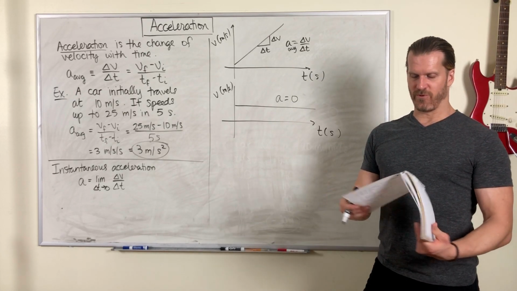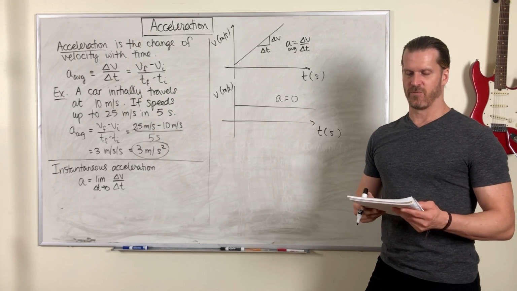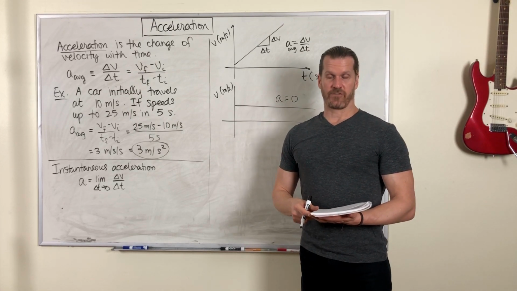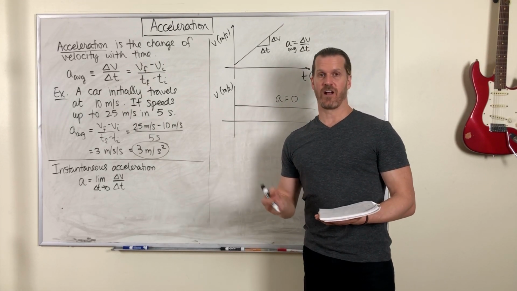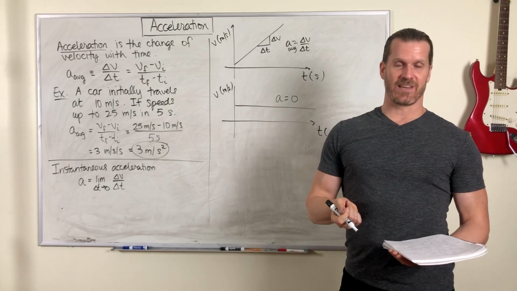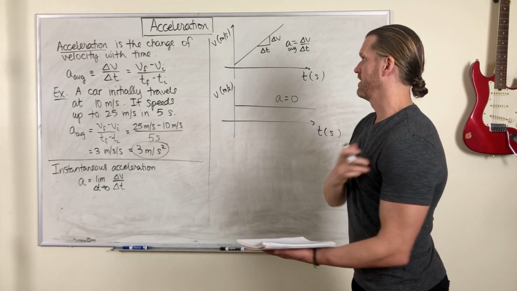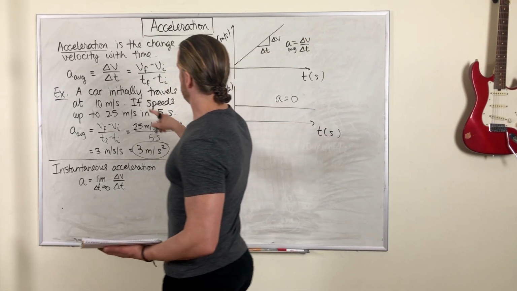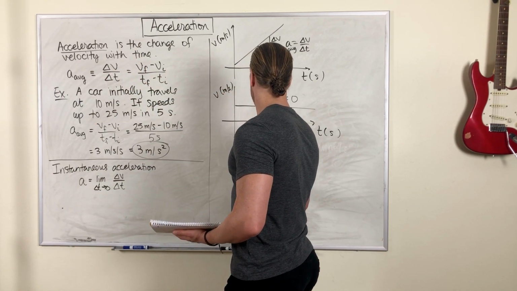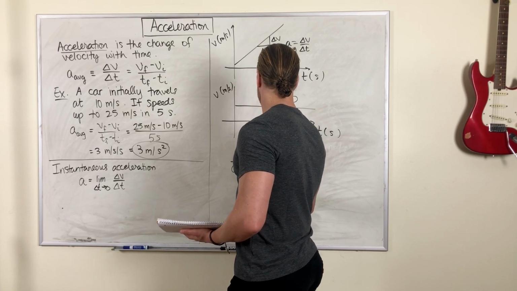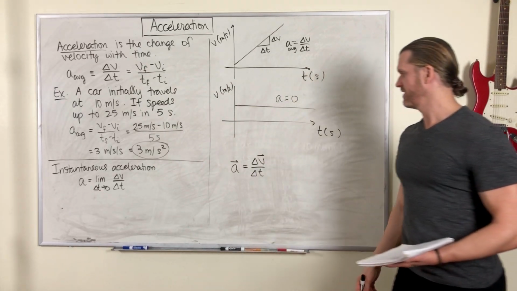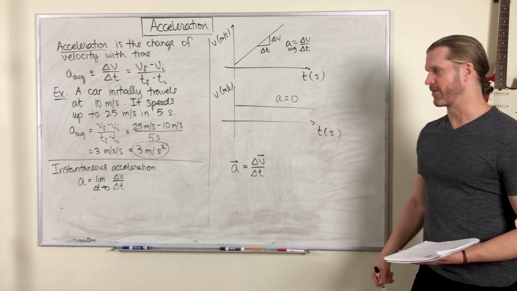Now I'm going to point out one more fact about acceleration, and we'll explore this in detail in the next video. Acceleration is a vector. Velocity is a vector. This leads to kind of a complicated relationship between these two. If I write this definition with some vector signs over these values to remind you that A and V are vectors, then it's kind of a helpful reminder.